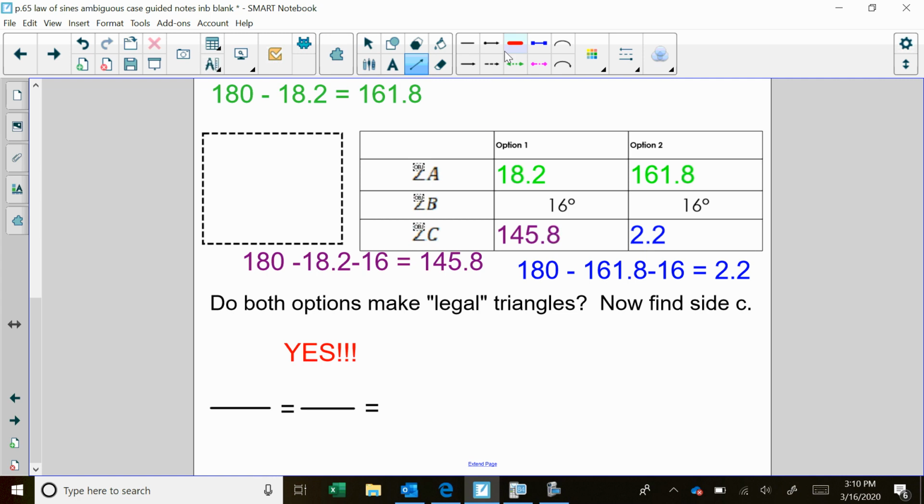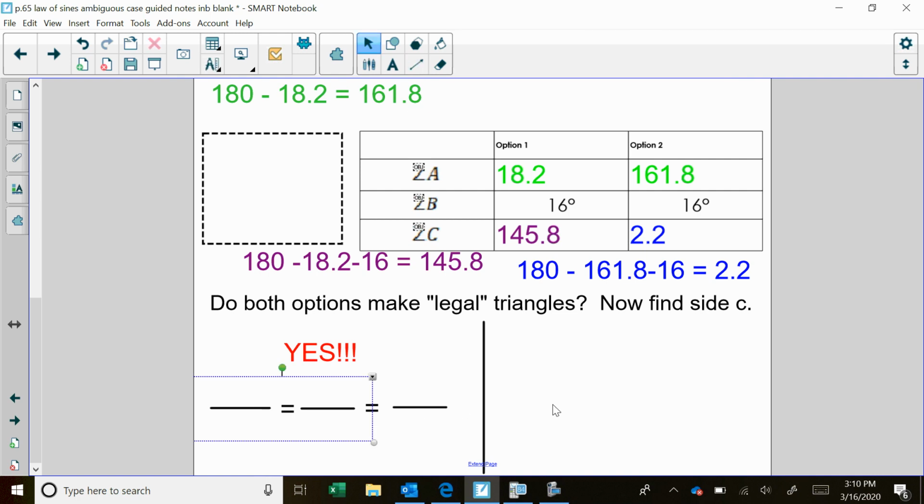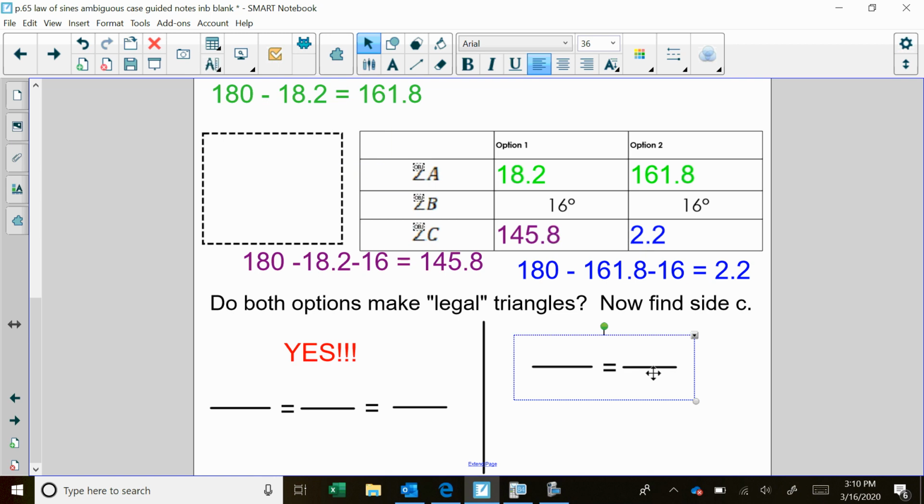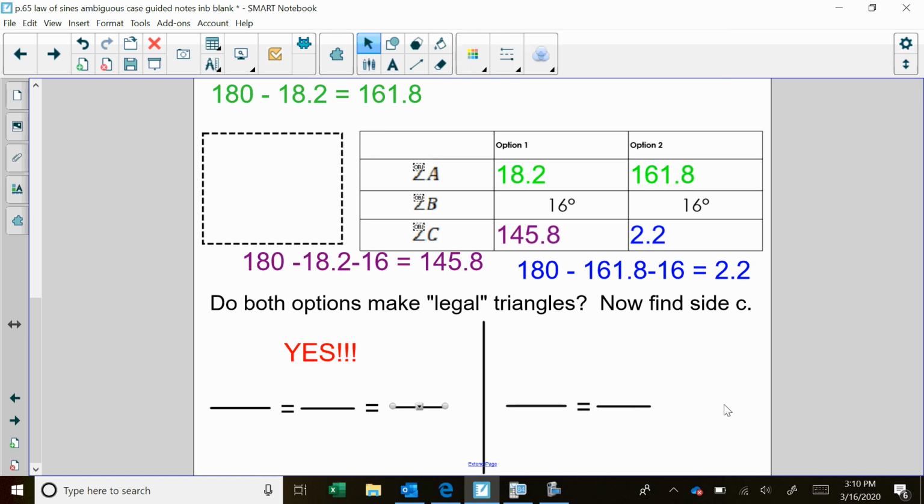This is going to be the first option. The second option is going to be over here. It's a lot of work to find the second option. That's why we save this for its own day.